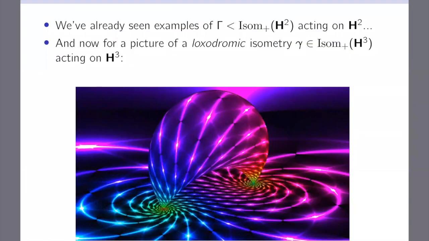A loxodromic isometry has two fixed points in the boundary. You can see along the lines the motion of points, and I might refer back to this later on. You can also see in the picture why these are called banana isometries. There's a central axis and the points are moving along, being translated and twisted a bit as they go.